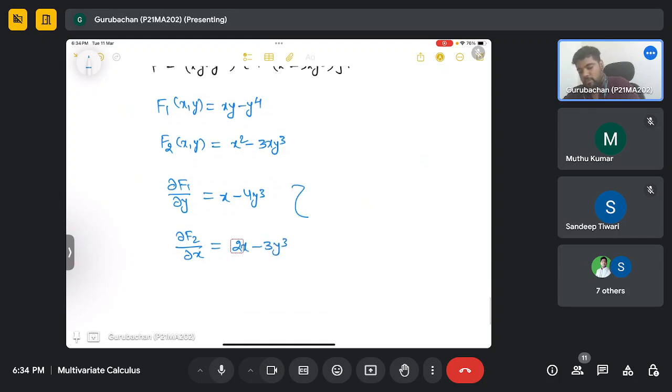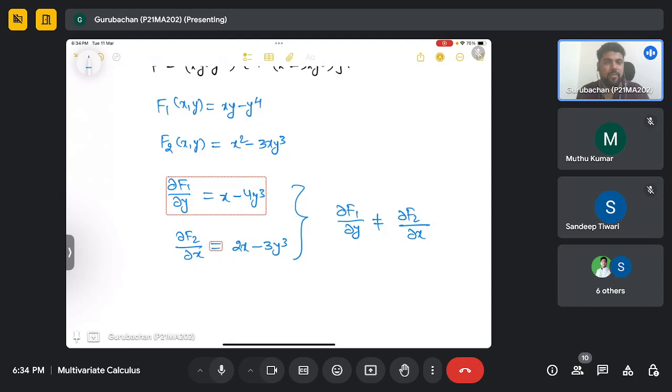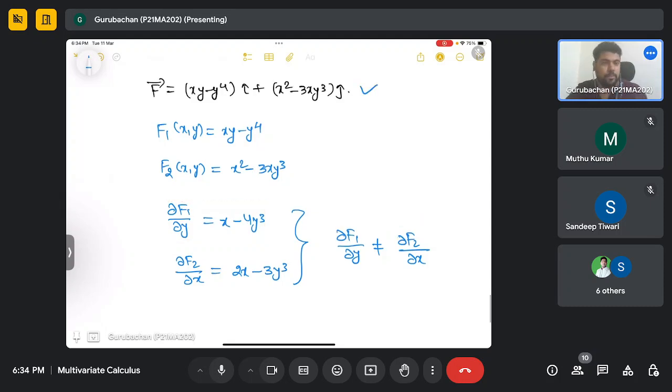Now clearly from these two you can say that del f1 by del y is not equal to del f2 by del x. So we can say that our given vector field is not conservative, or there does not exist any potential function corresponding to this vector field.